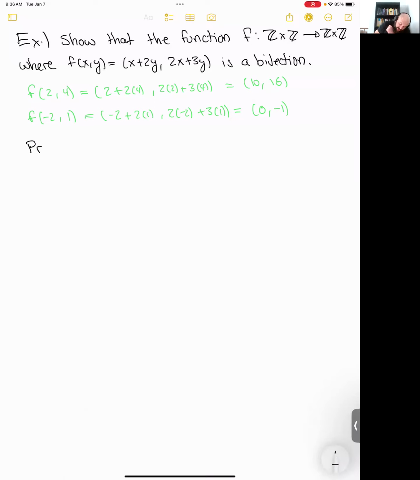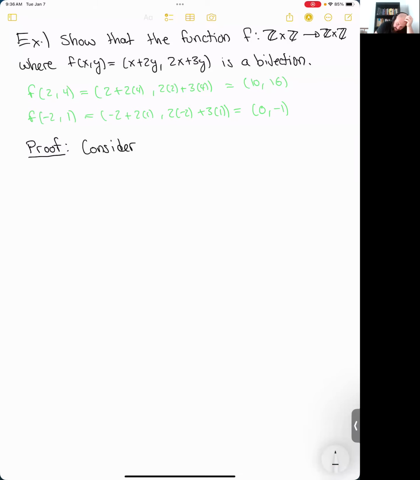I would encourage you to play around if you like before watching me do the proof. So we'll start by showing f is a surjection. So maybe we'll just start by reminding the reader.